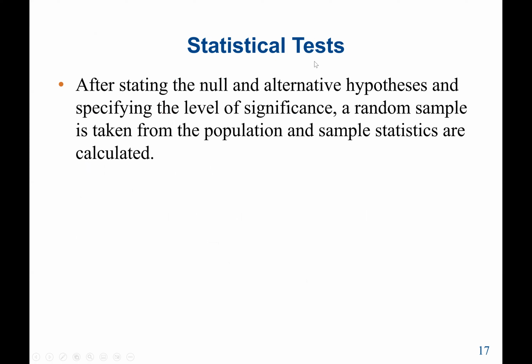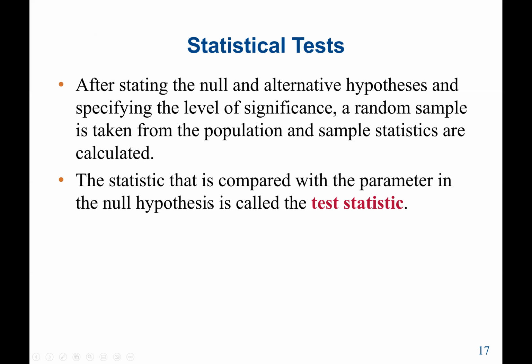Now, next is the test statistic. After stating the null hypothesis and the alternative hypothesis, and specifying the level of significance, and a random sample has been taken from the population, then the sample statistics are calculated.